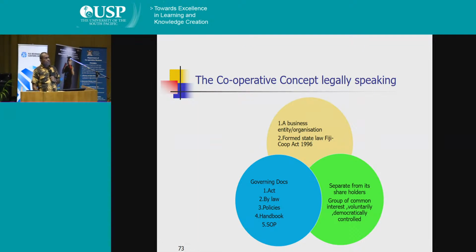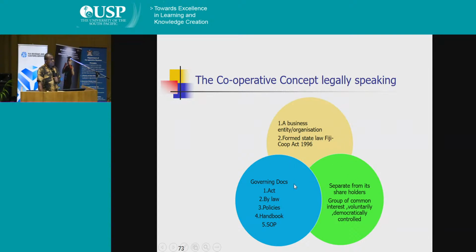As alluded by one of the speakers, it's also separate from its shareholders. Whenever it runs into bankruptcy, only the cooperative's assets will be taken by the bank and not the members.